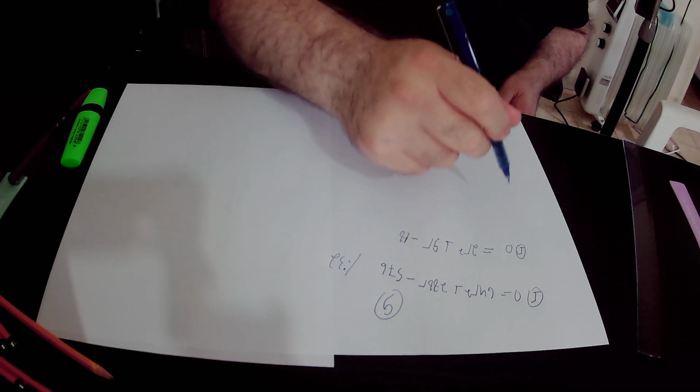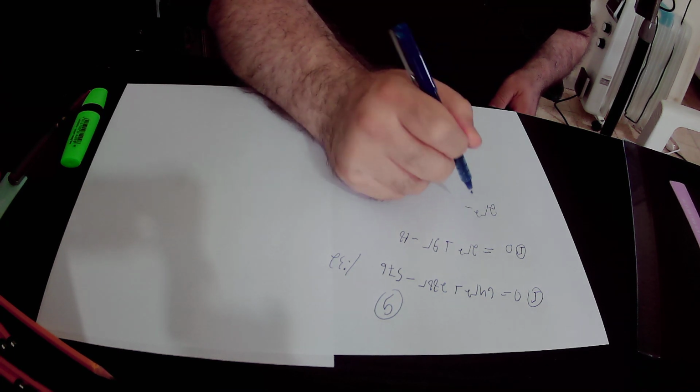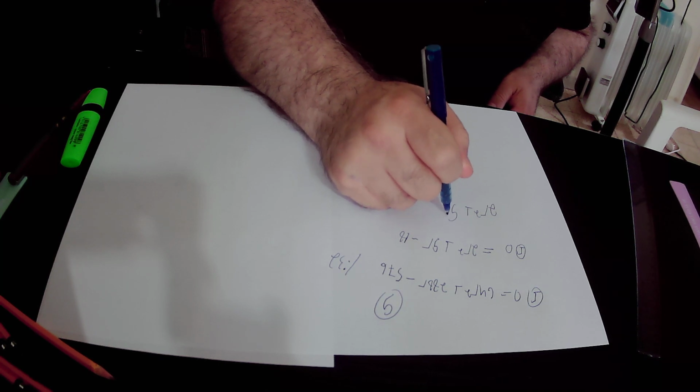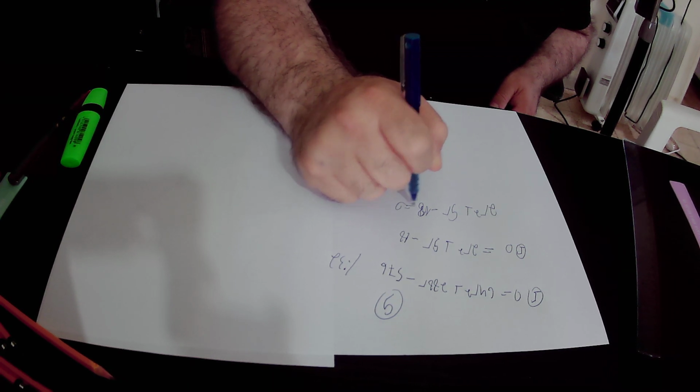So in conclusion, we got the quadratic equation 2r squared plus 9r minus 18 equals 0.